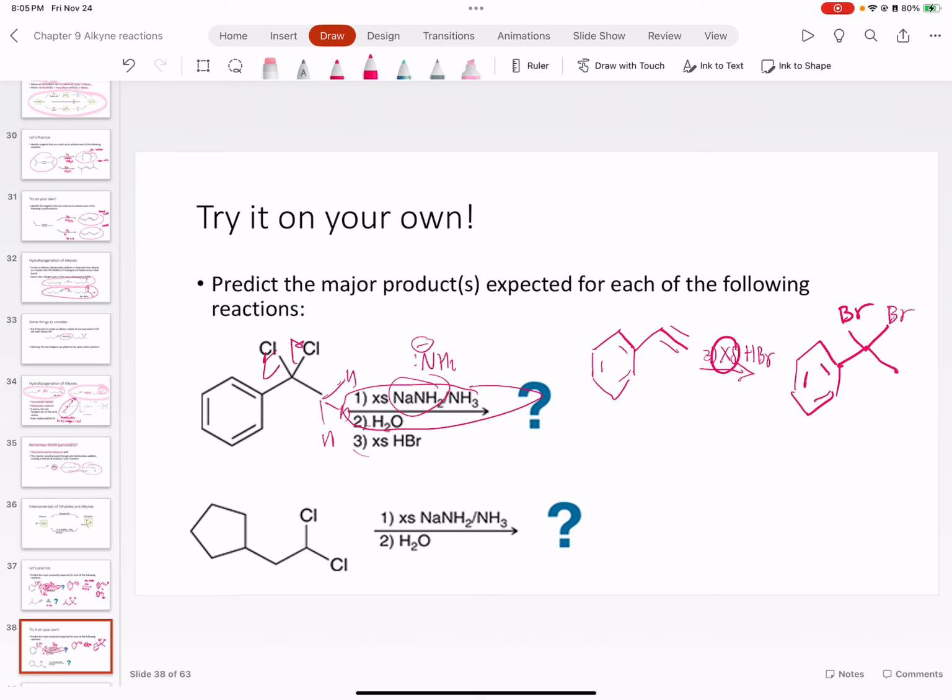Okay, so then let's see. This is the same logic as the one up there. And then again, we know NH2 is a strong base.